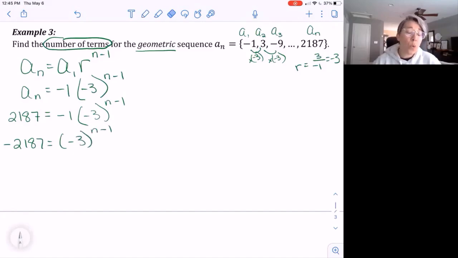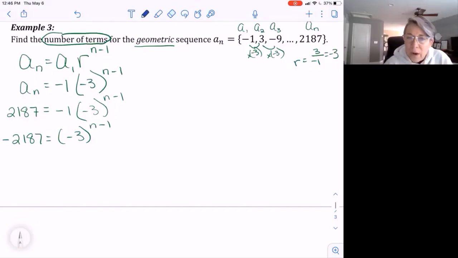All right, so now in order for us to be able to solve this, it's an exponential. So we need to look at either seeing if we can get them into the same base or see if we can work with logarithms. Since we have negative numbers here, I would prefer to look at 2187 to see if that is some 3 to some power.